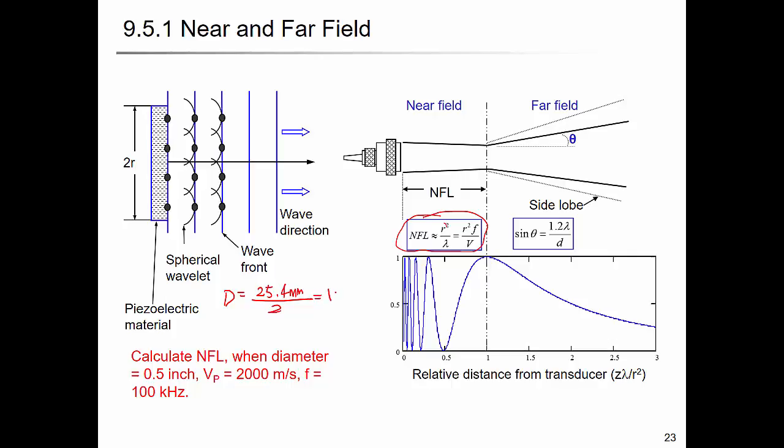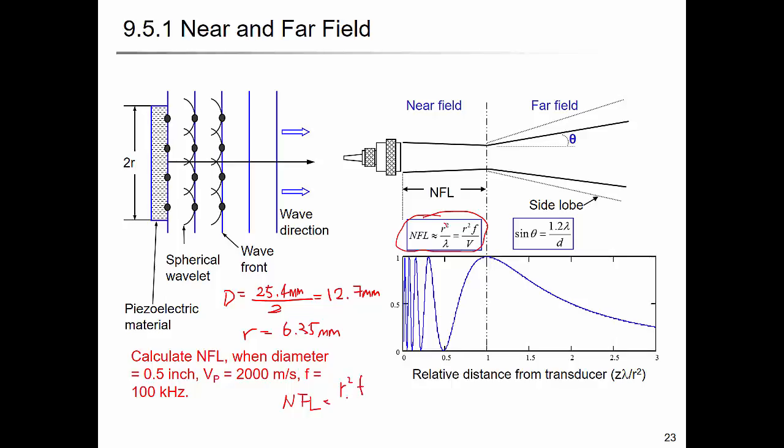That's 12.7 millimeter. So R is around 6.35 millimeter.